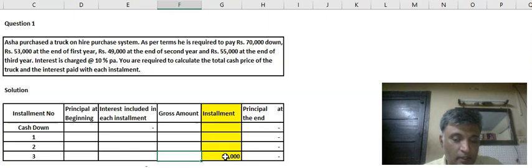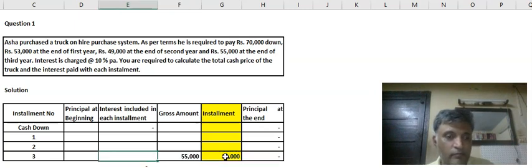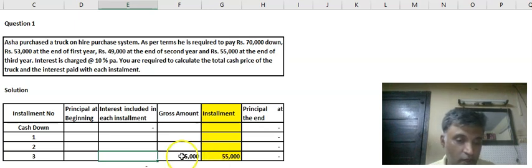It is the summation of columns G and H, just 55,000. Obviously, you should have an outstanding of 55,000, and when you pay that installment of 55,000, the closing balance becomes 0. If this is 55,000, what is the interest included in the installment?